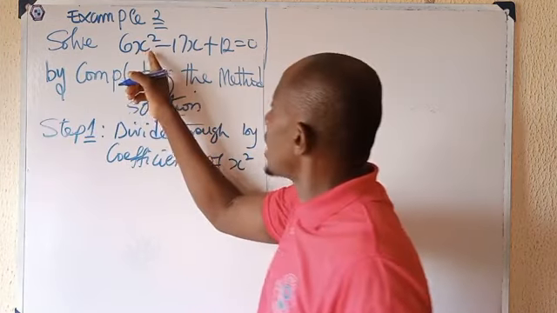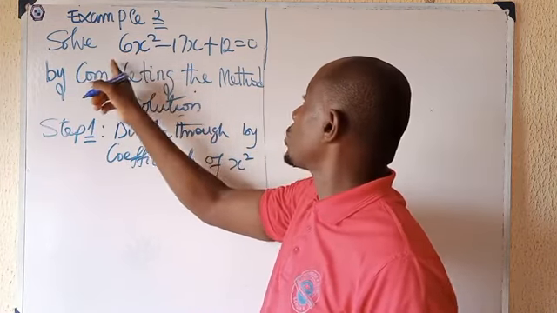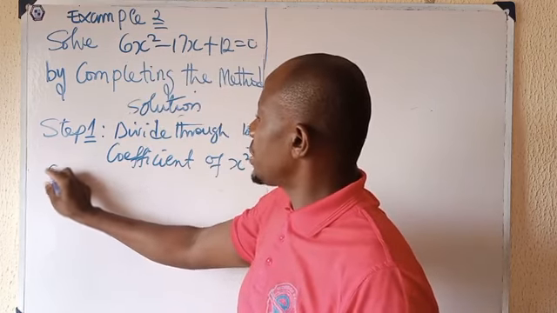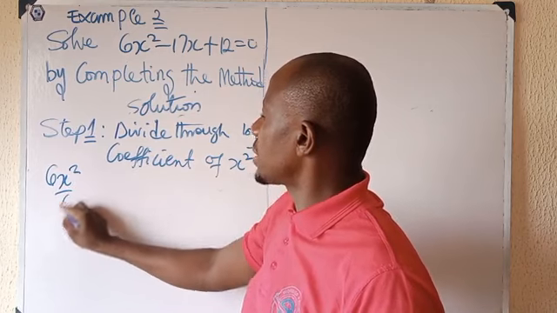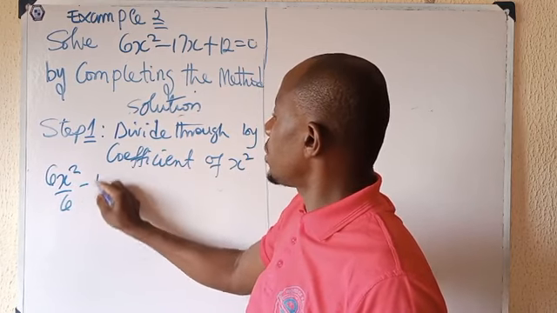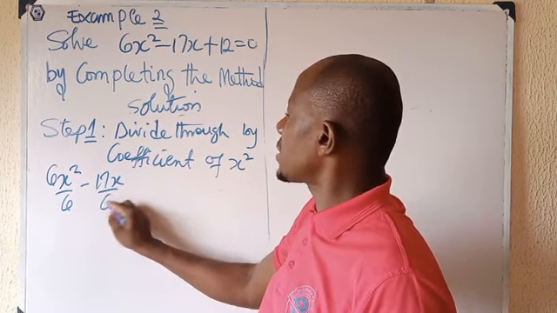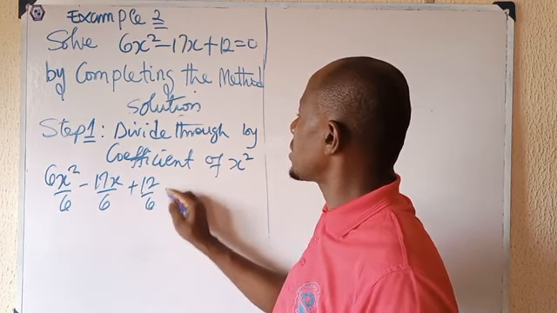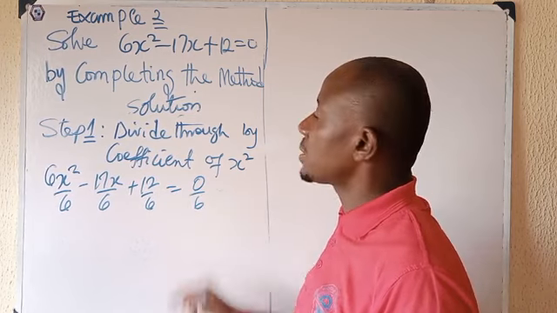So this is x squared, this is the coefficient of x squared. So we are going to divide everything here by 6. So this will be 6x squared over 6 minus 17x over 6 plus 12 over 6 equal to 0 over 6.